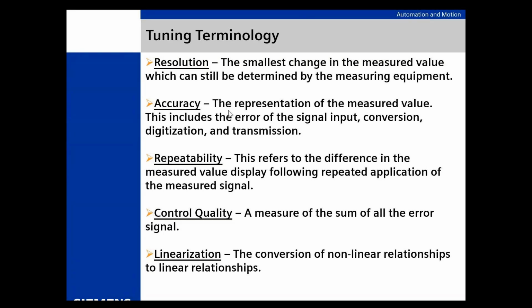The accuracy. How small of a signal can I respond to in my control system? I don't know. I can tell you a basic accuracy, but that's based on a lot of things being just right. Repeatability. I'm big on repeatability.